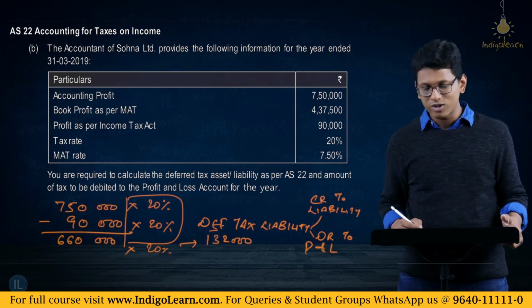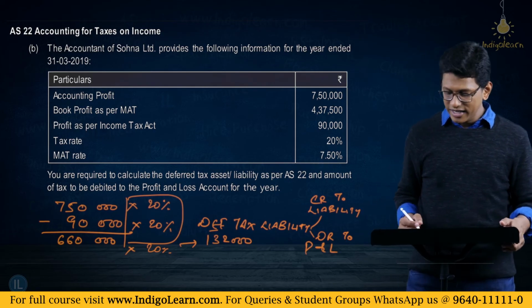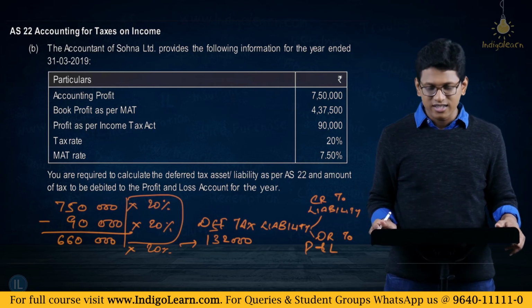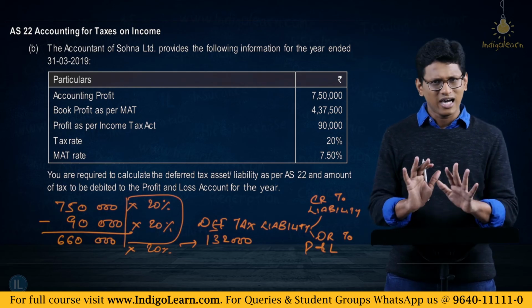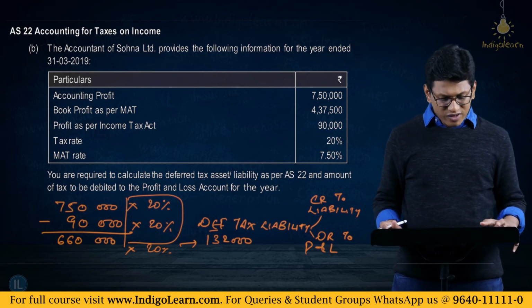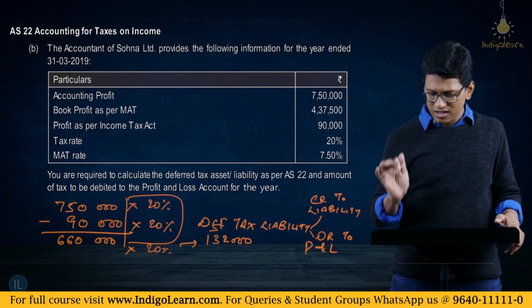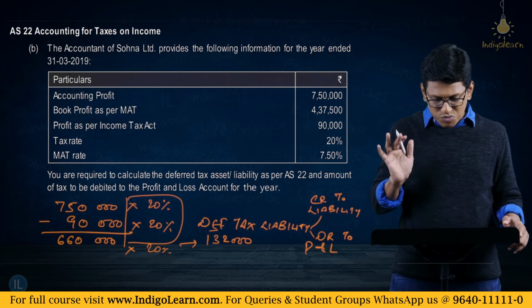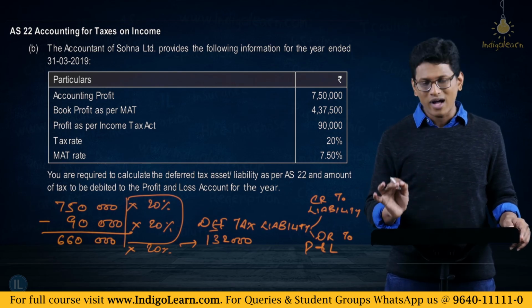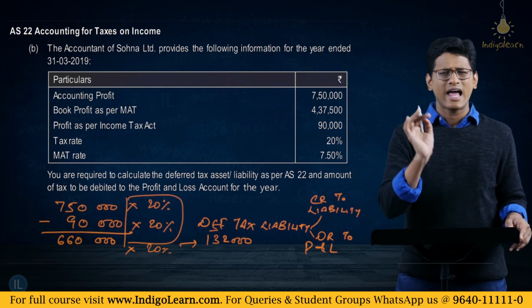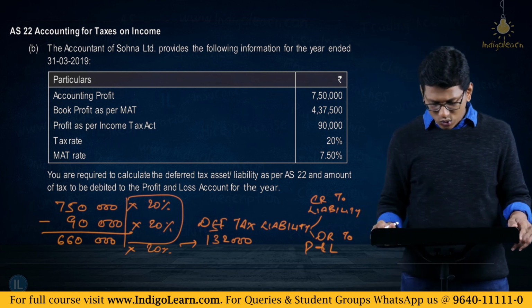P&L. It will be debited to P&L. So in P&L, this 1,32,000 also will get debited. Are we clear about this? So the first part of the question, which is regarding deferred tax, we are now clear. Deferred tax as on 31st March 2019 will be 1,32,000. Deferred tax liability will be 1,32,000.